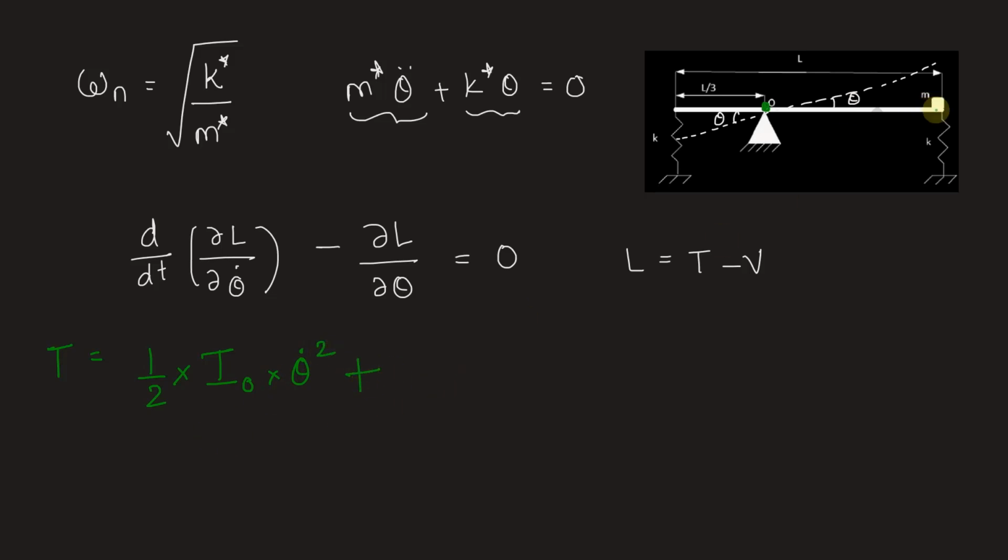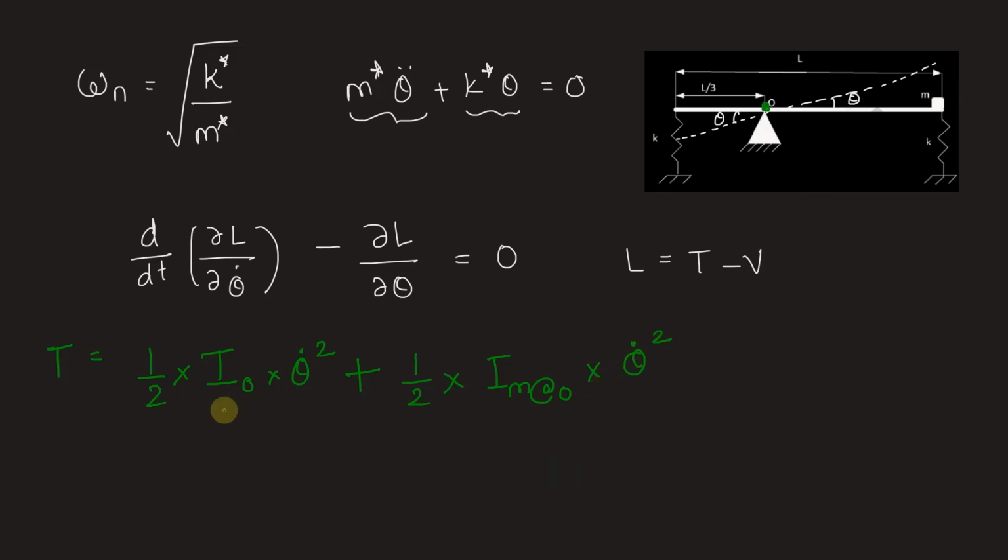Plus we also have the small mass m. For that we will write half into the moment of inertia of the small mass, about point O, into theta dot square, since its angular velocity is also theta dot.